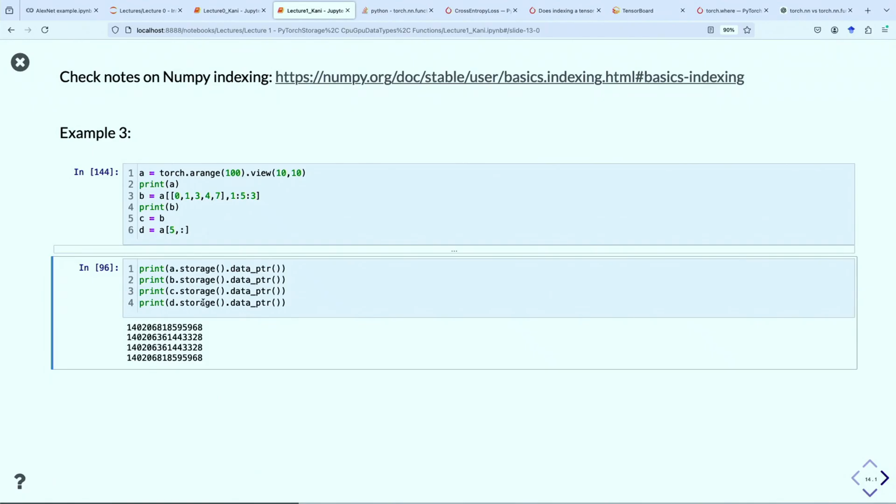Let me minimize that. If we look at the data pointers, we get the data locations for the various tensors that we defined based off each other. So, quick check: is B a view of A?